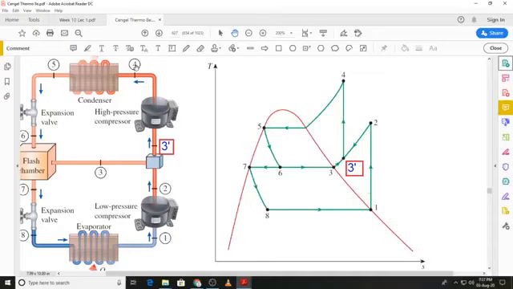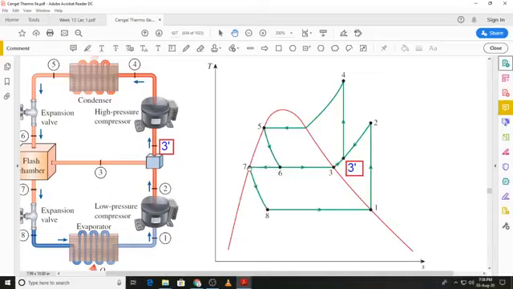You can see the state points 4, 5, 6, 7, 8, 1, 2 and 3 prime. State 5, so we have the isenthalpic expansion from 5 to 6, and that is the isenthalpic process line on the TS diagram.